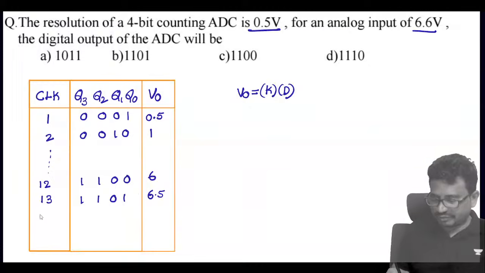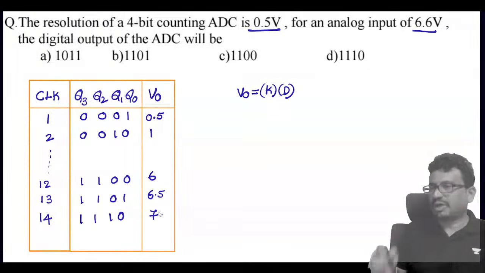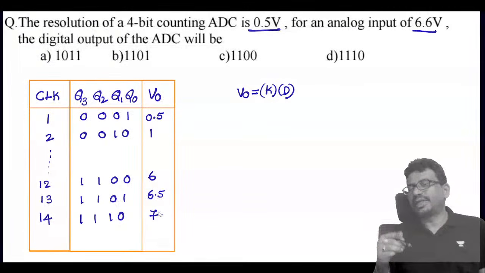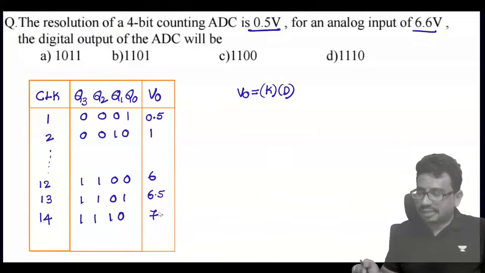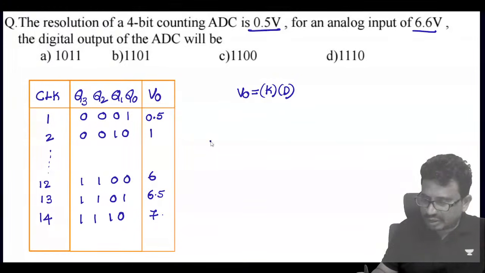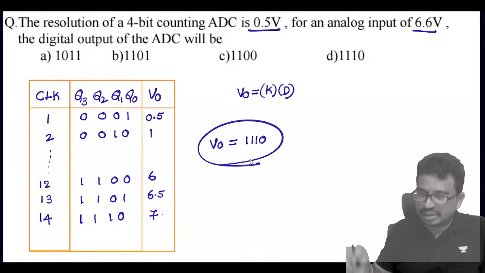Still the output is 1. 14th clock, 1, 1, 1, 0. This way 7 will come. When 7 comes, the output of the comparator is 0. No clock is going. So what is the corresponding digital output, you tell me now? 1, 1, 1, 0. This is the digital output.